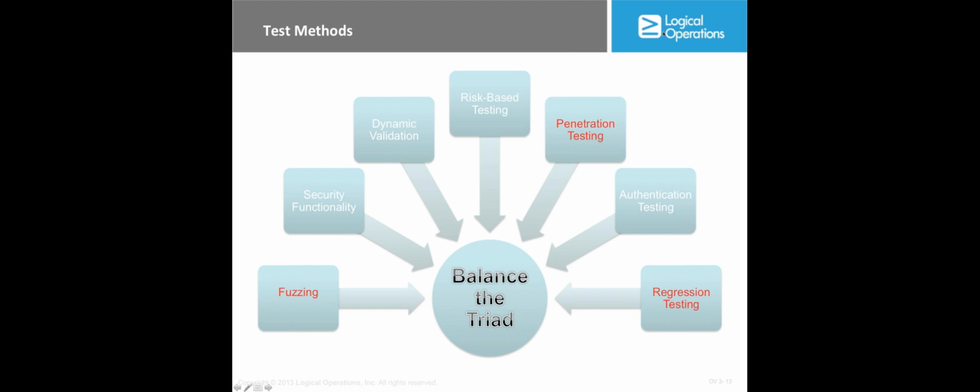Penetration testing or pen testing is heard often, so I don't really think we need to go through that. Regression testing you should see at least once or twice through the examination. So those would be the three when preparing for the exam that concentrate on: pen testing, regression testing, and fuzzing.